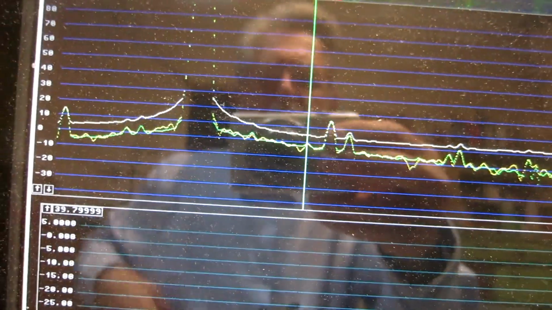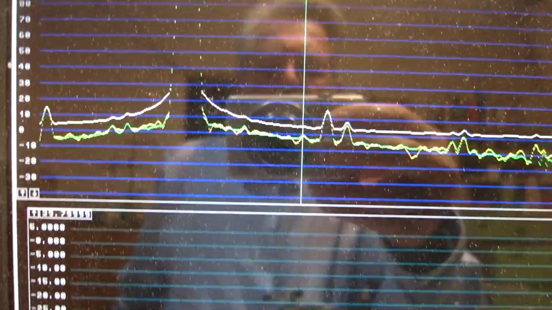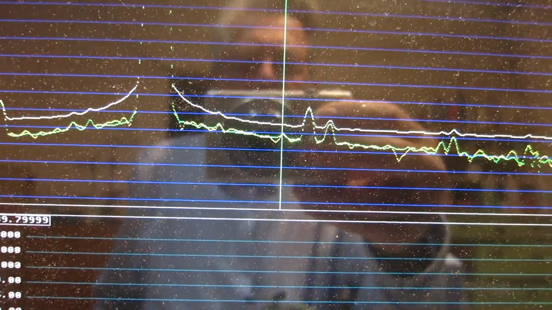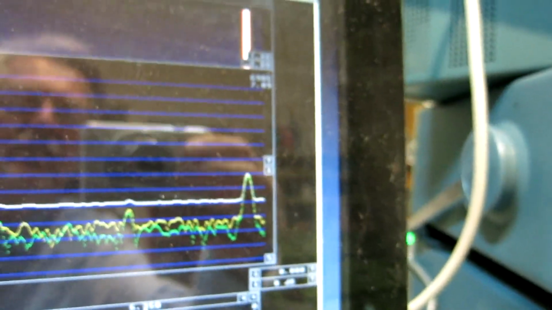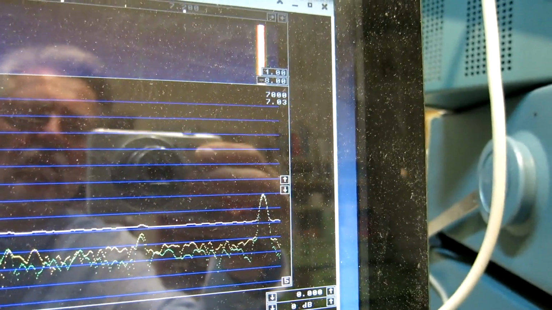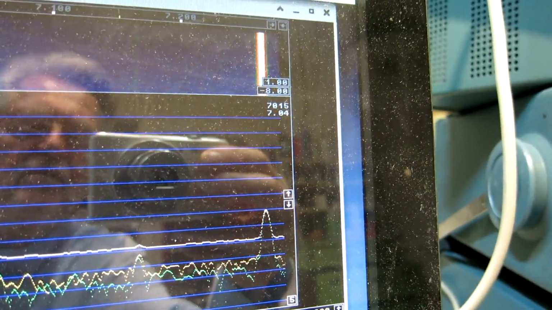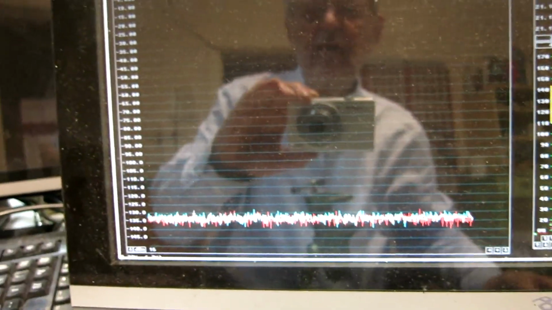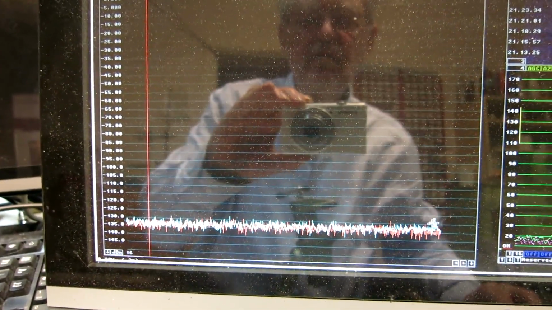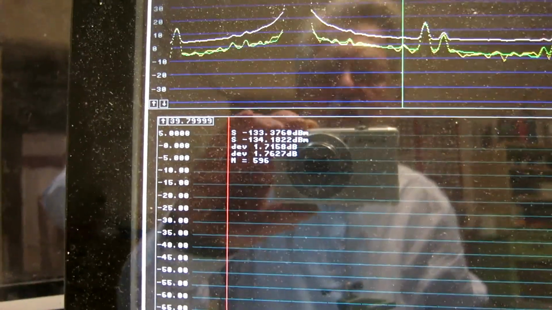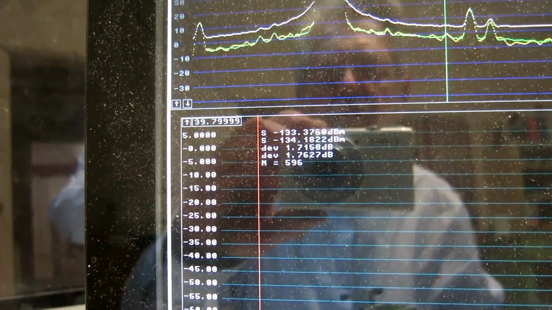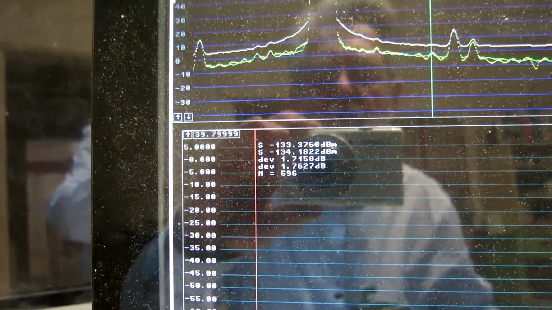This is another crystal. You can see the green and yellow tracks are closer to the white now. The correlation advantage is 7.0 dB, and the channel levels are 133.4 and 134.2.